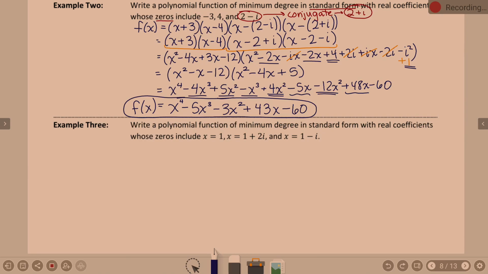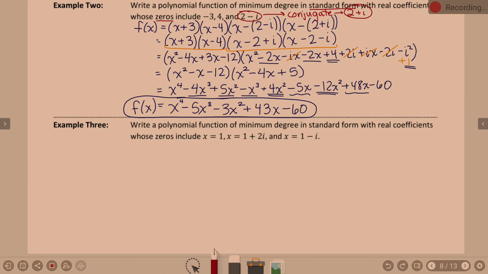Example 3. Same directions. Write a polynomial of minimum degree in standard form with real coefficients whose zeros include x equals 1, x equals 1 plus 2i, and x equals 1 minus i. Okay, what do we need to know?